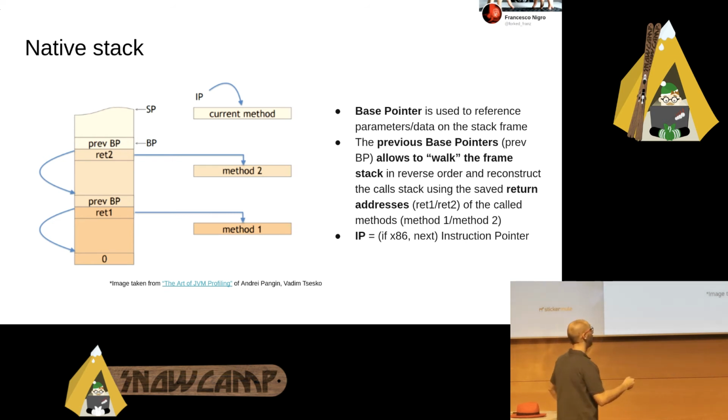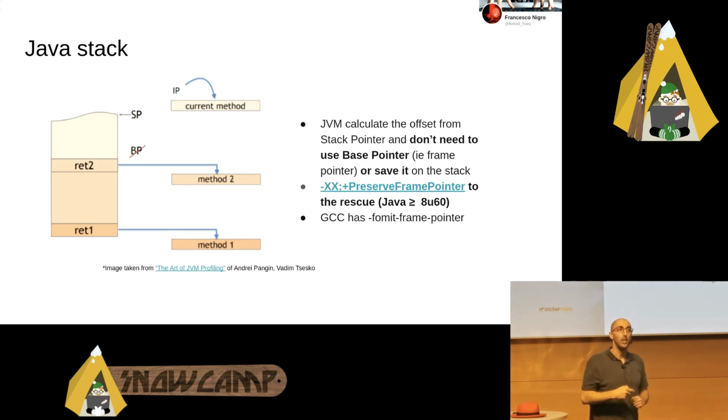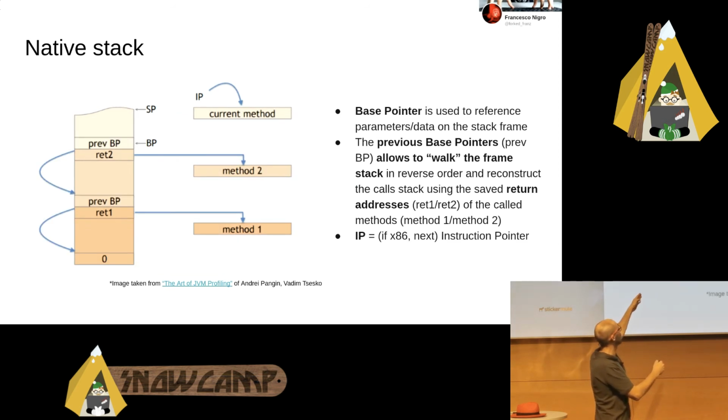Okay, the fact is that it won't happen anymore. Why is it important related to perf? Because perf, in order to give you the call chain, needed to follow this sort of linked list of base pointers in order to understand what the call stack was.